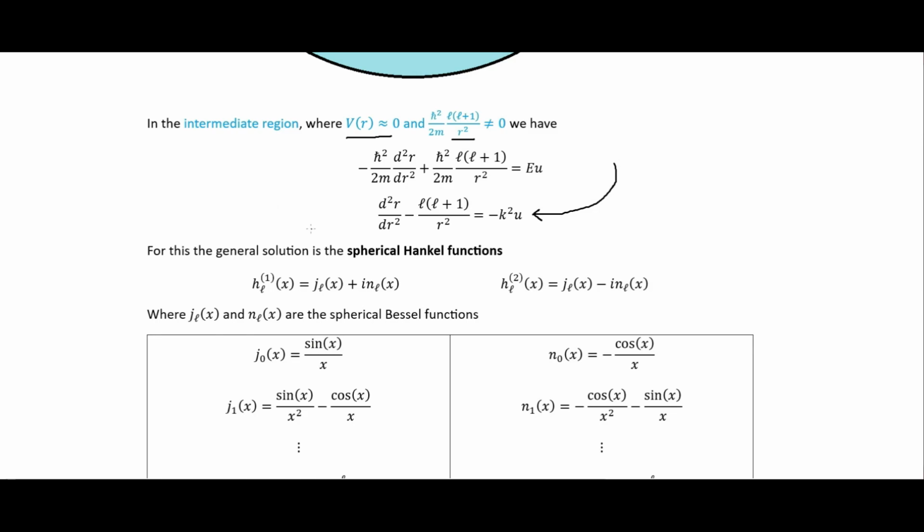The general solutions for this are the spherical Hankel functions that look like this. We have the spherical Hankel function of the first kind and the second kind here, which are complex conjugates of each other, where this n sub l and this j sub l here are the spherical Bessel functions.